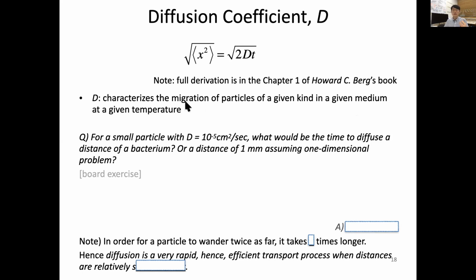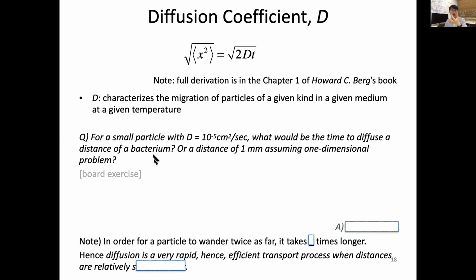It's interesting to see what diffusion will do for us in the transport of small molecules, especially inside the cell. So here's a question. For a small particle like oxygen or carbon dioxide, with a diffusion coefficient of 10 to the minus 5 centimeters squared per second, what would be the time to diffuse a distance within a bacterium?